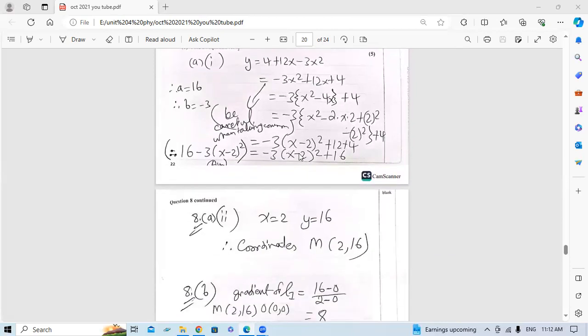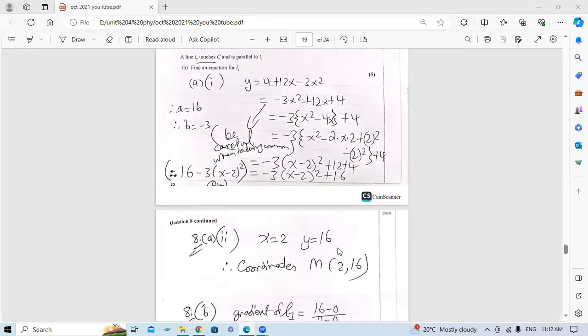From question A1, if x minus 2 whole squared equals 0, then x equals 2, and the y value over here is 16. So x equals 2 and y equals 16, and the coordinates of M will be 2, 16.